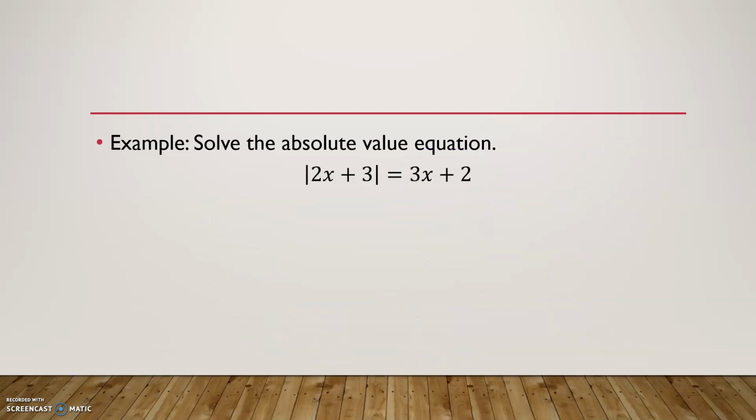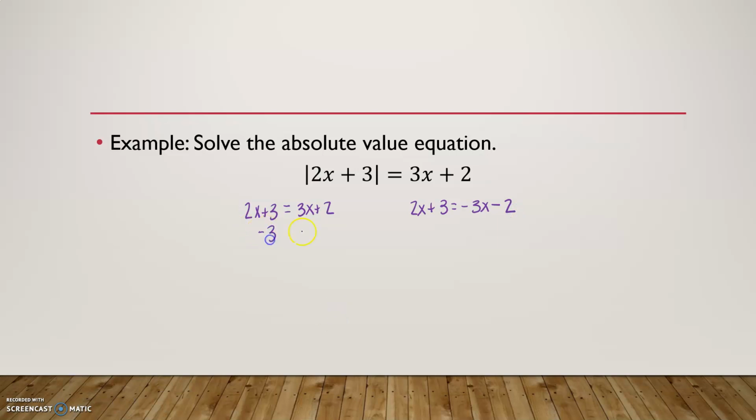All right, last one. If I'm given this problem, I see my absolute value bars are already alone. So I'm going to do 2x plus 3 equals 3x plus 2. And then 2x plus 3 equals negative 3x. And remember, I have to change all the signs. So negative 3x minus 2.